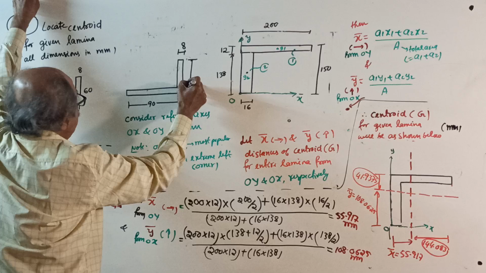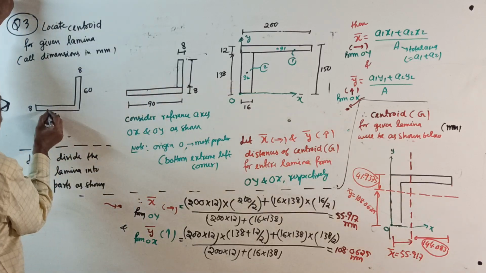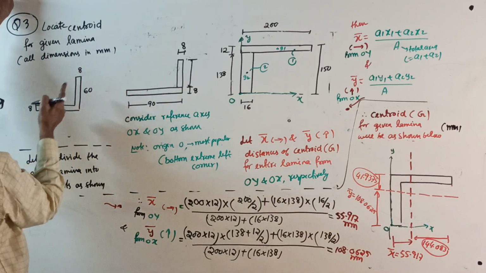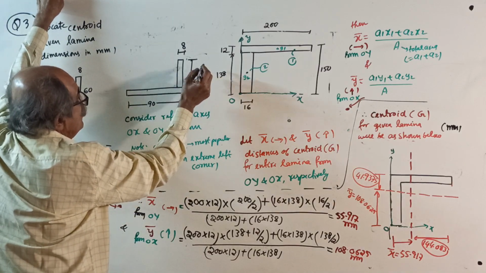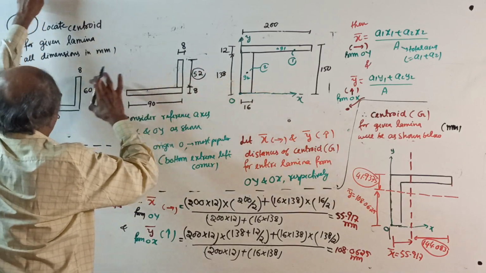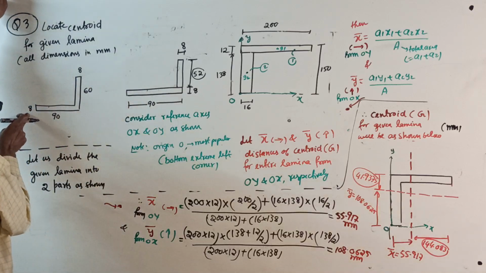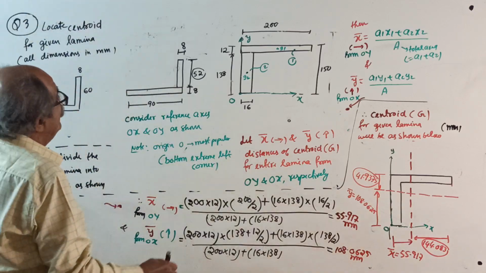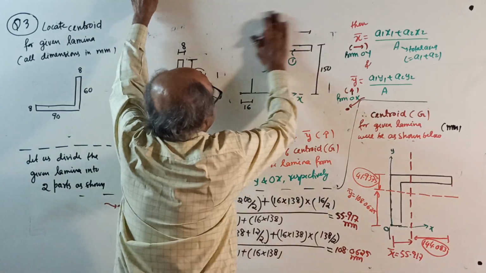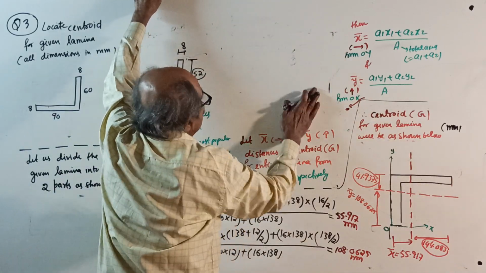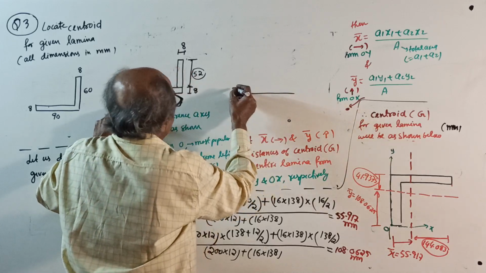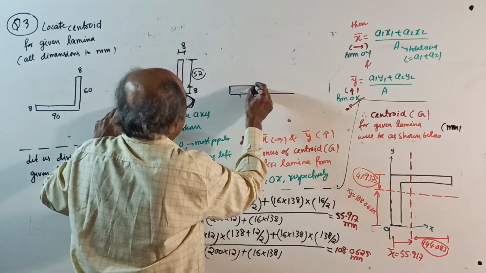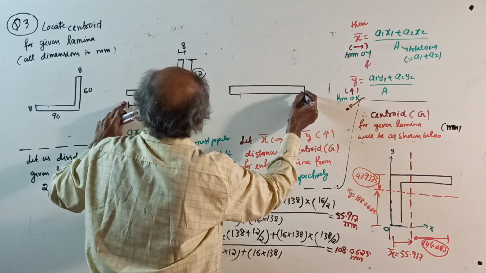This distance will be from 60, subtract this 8, not that 8. Subtract this 8, 52. Make a note of how you got it. From 60, subtract this 8, not that 8. Okay, over. Now, a neat sketch once again. It's out of scale.